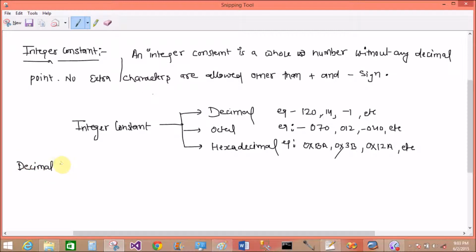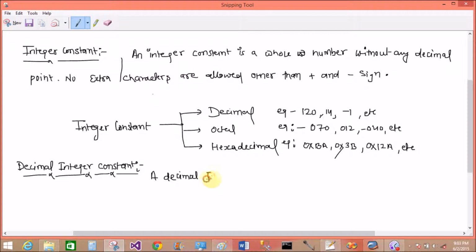So write down into your notebook about decimal integer constants.